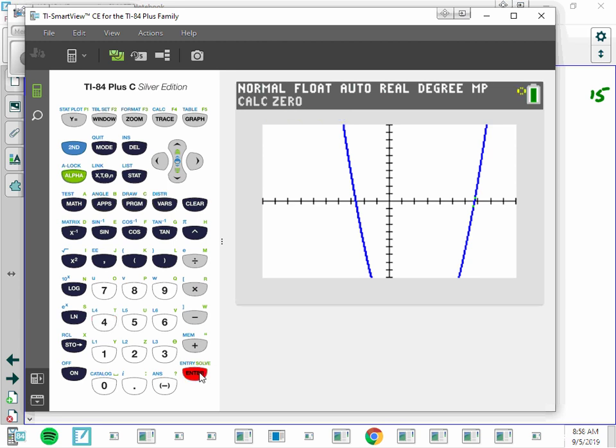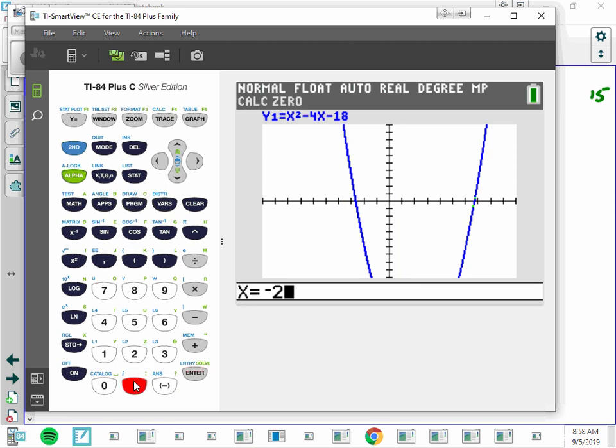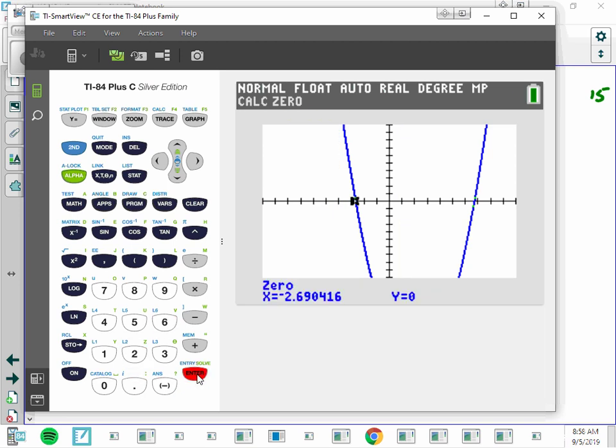I'm going to choose -4 for my left bound, and 1 for my right bound, and then -2.6 for my guess. And I got -2.69. Any questions about that? Okay.